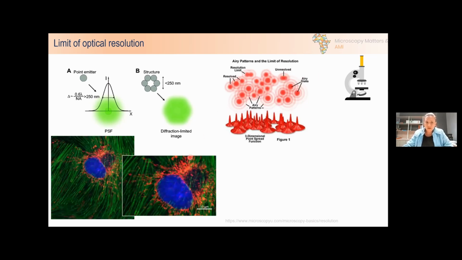So in a biological sample like this one, which is a cell, you can see here the nucleus is stained in blue. You have the red mitochondria, and then in green, we have actin filaments. We cannot really see the details inside the mitochondria due to the fact that it's smaller than the resolution limit of the microscope.